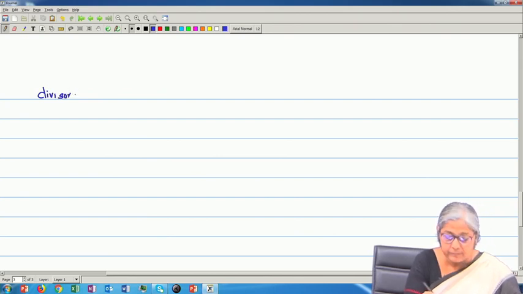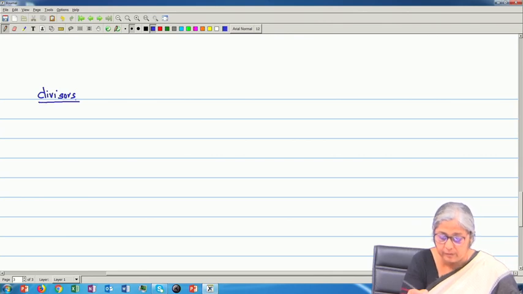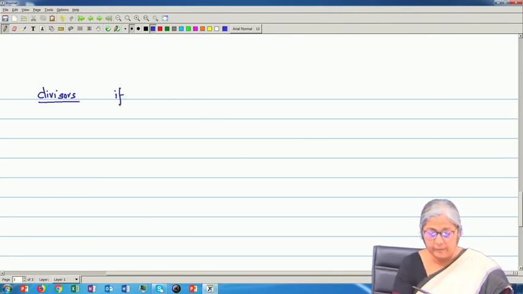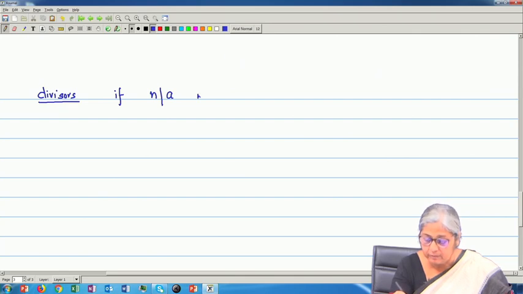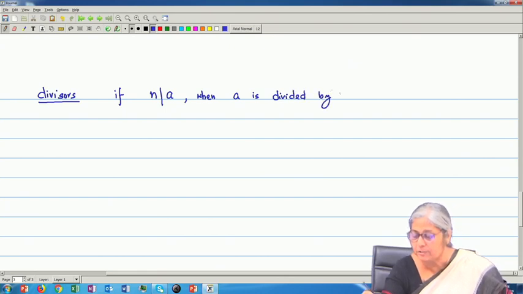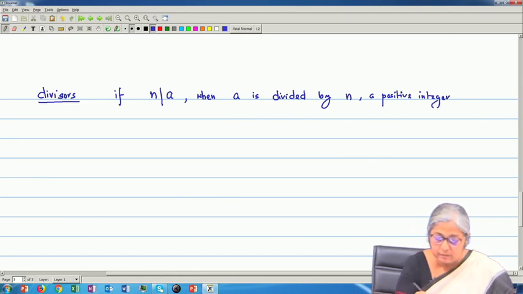If n divides A, we normally write it in this way: n divides A. That means when A is divided by n, a positive integer, there is no remainder.